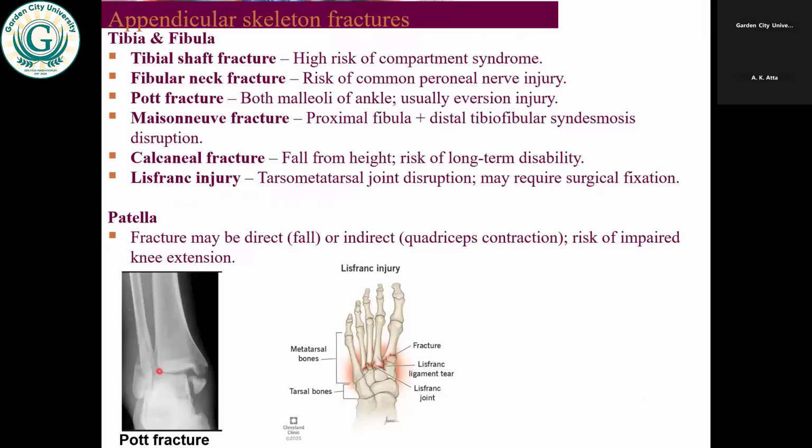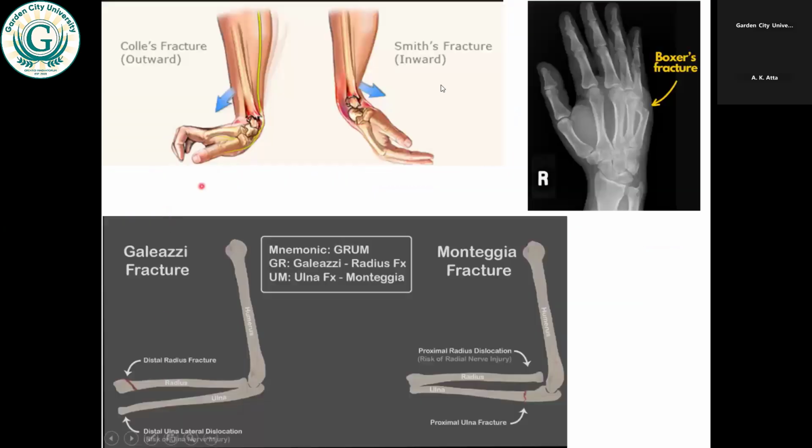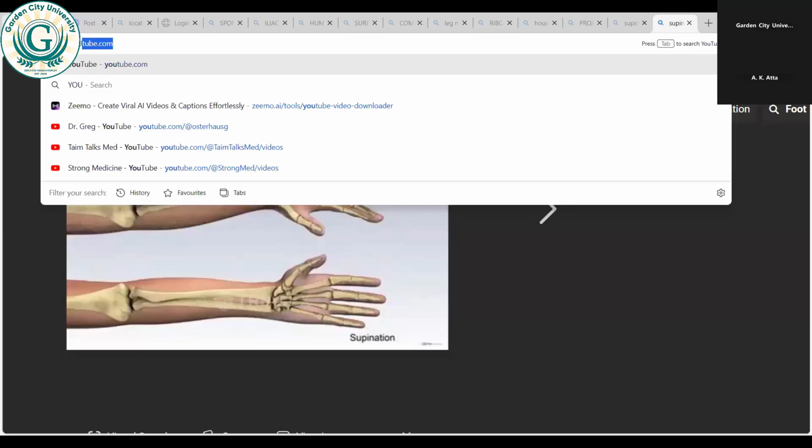As I said, if you want to look at the individual bones, individual joints, then I would advise that you go online and visit this website.